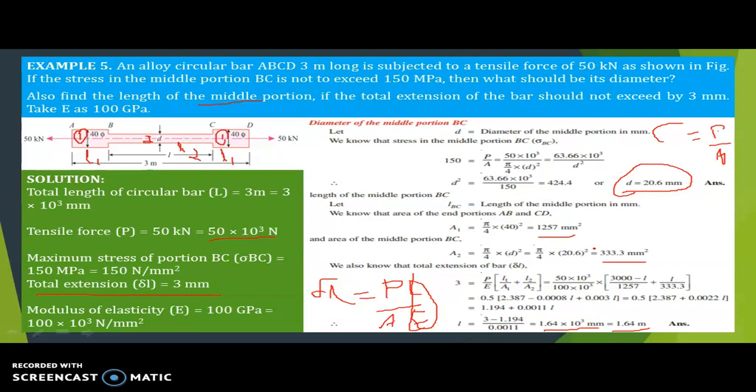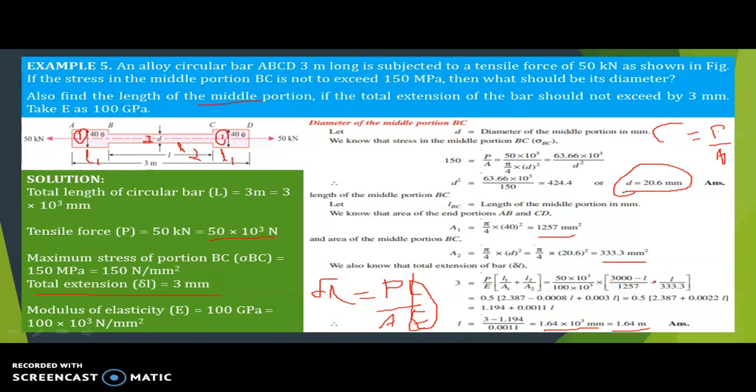Delta L is equal to delta L1 plus delta L2, because here we are considering two sections. Delta L1 is P1 L1 divided by A1 E1 plus delta L2 is P2 L2 divided by A2 E2. Then P and E are common here, so take them outside and then find L1 and A1. Substitute that.